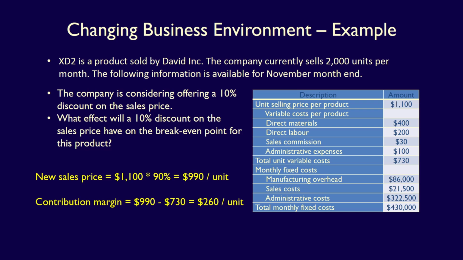This is calculated as sales revenue per unit of $990 minus total unit variable costs of $730, which is equal to $260. Monthly fixed costs are equal to $430,000.